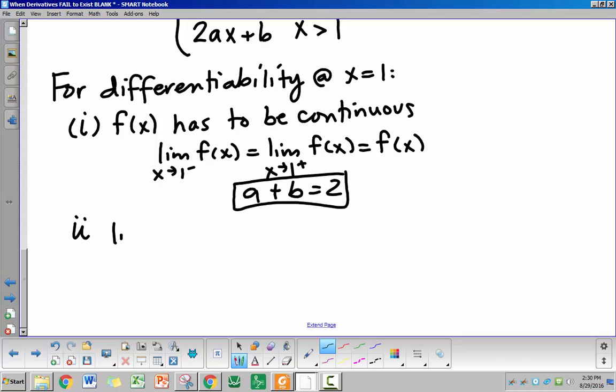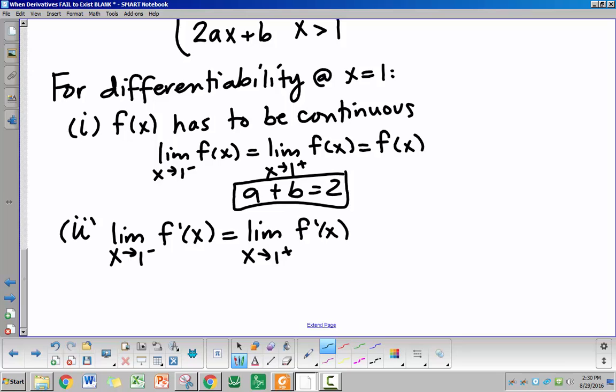The limit as x approaches 1 from the left of the derivative has to equal the limit as x approaches 1 from the right of the derivative. So let's talk about that one. The limit as x approaches 1 from the left is going to be negative 1, right?